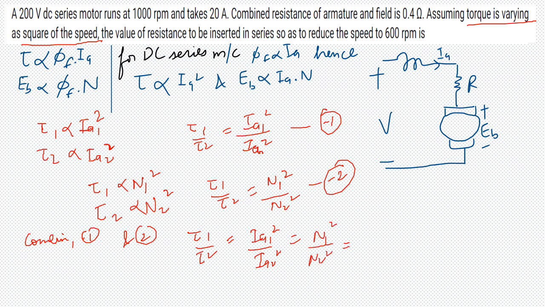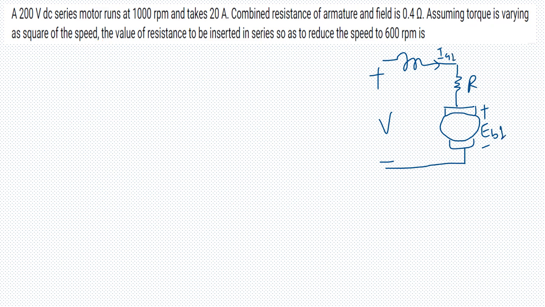This implies that IA1 over IA2 is equal to n1 over n2. So this is what we have got.